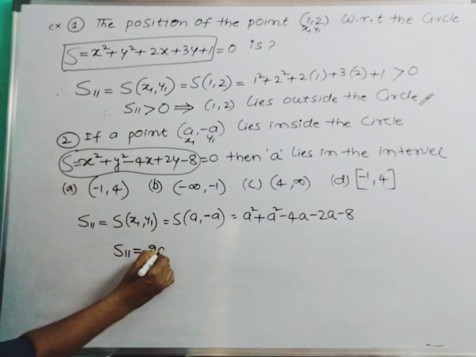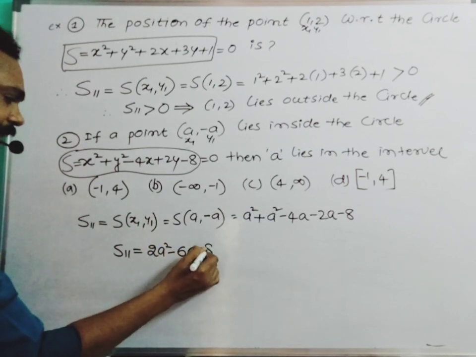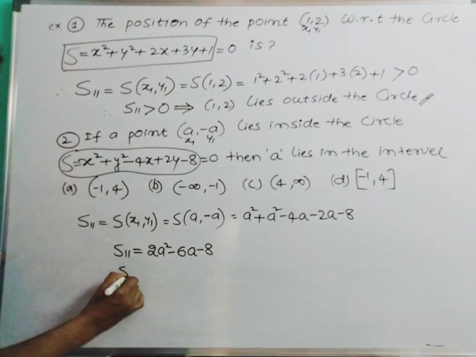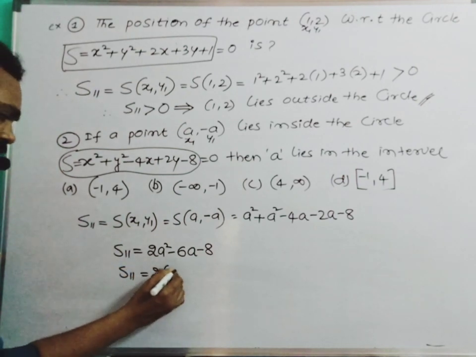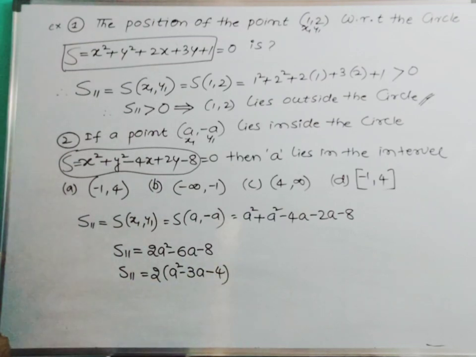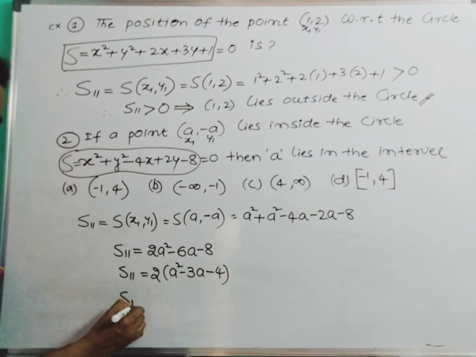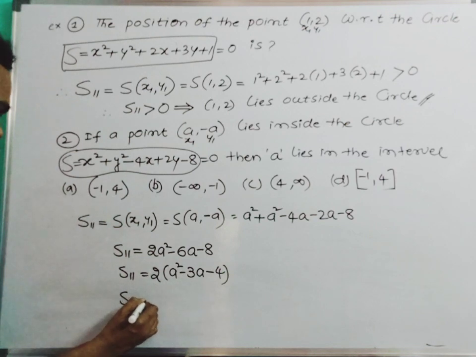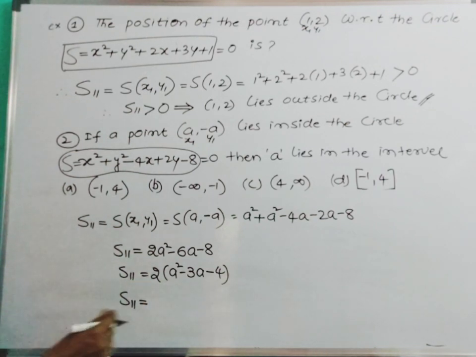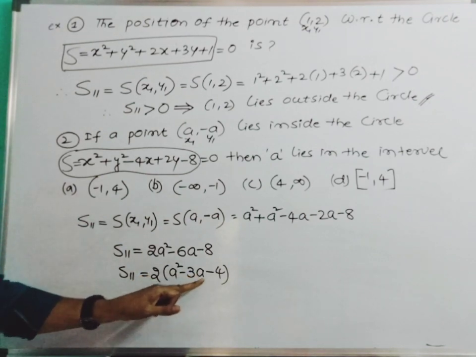S11 is 2A square minus 6A minus 8. If you take 2 common out, S11 is 2 into A square minus 3A minus 4.